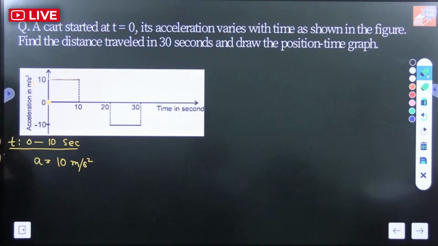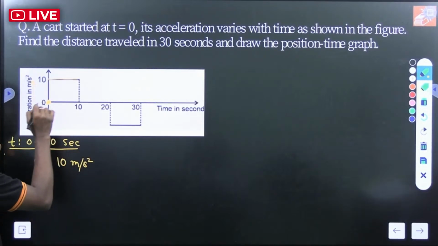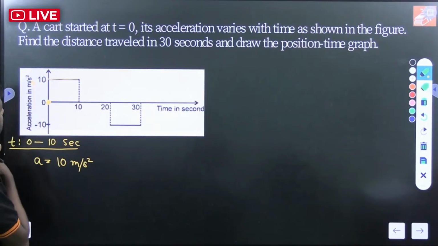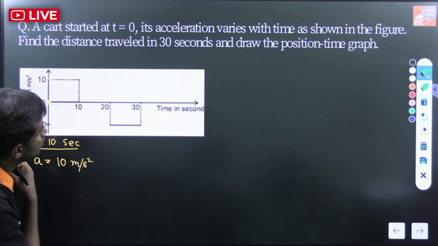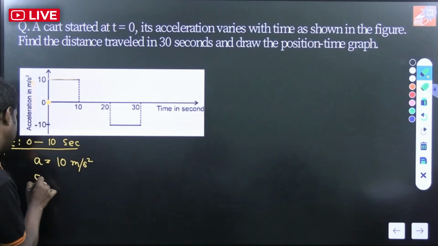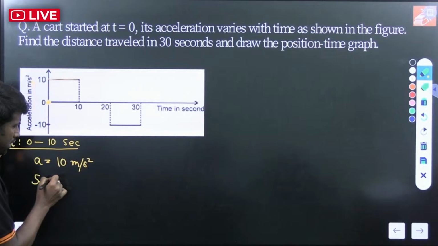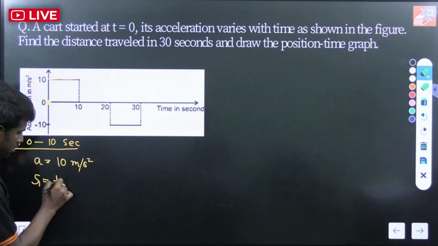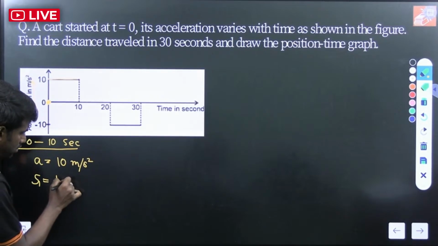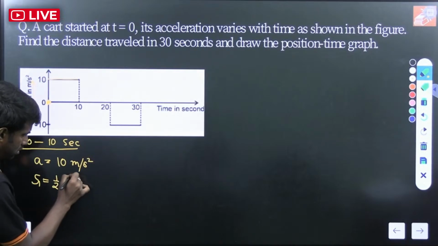So we can find out the displacement, that is s equal to ut plus half at square, because it started from t equal to 0. So we can find out s1. So u is 0. So you can take half a into t square.